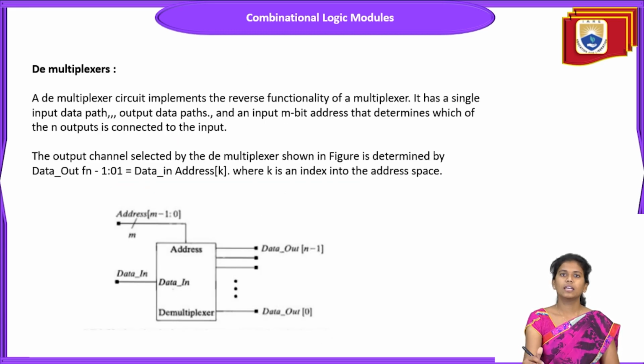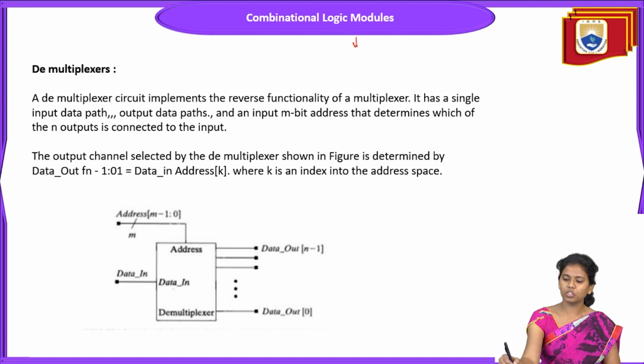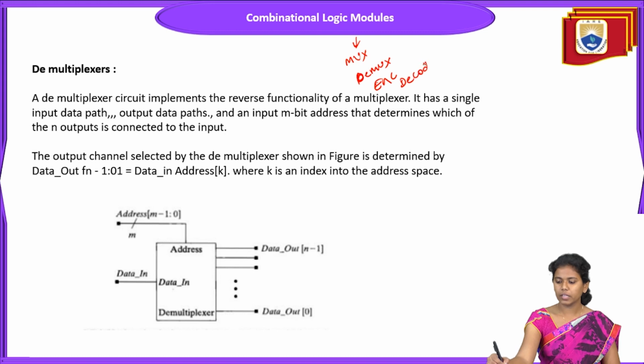So coming to the demultiplexer. Before we go into it, always remember that in this presentation we are talking only about combinational logic modules with examples. This is what our presentation is about today. The combinational logic modules we are considering are mux, demux, encoder, decoder, and under encoder, priority encoder.